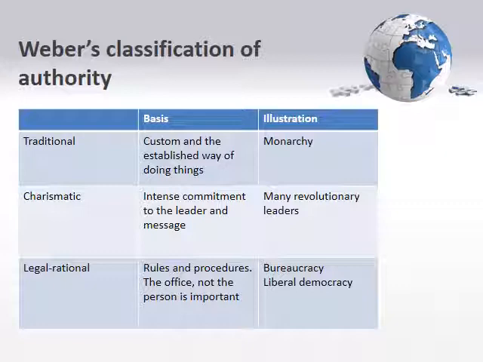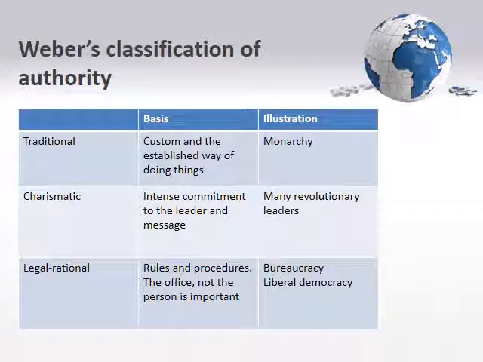And then we also have legal rational authority, and this is what full democracies are supposed to be based on. They're based on rules and procedures. The office has the authority, but not the person. So in the United States, our presidency is designed to have the power, but the minute an American president is no longer an American president, they are the ex-president, and there's a peaceful transition of power, that person no longer holds the power that is associated with the American presidency, or at least that's the design.